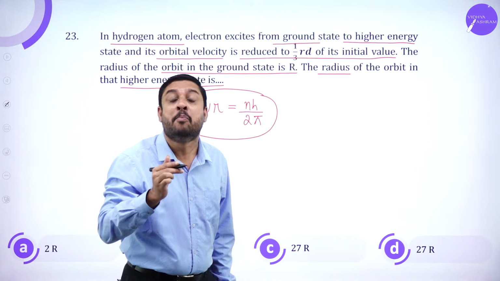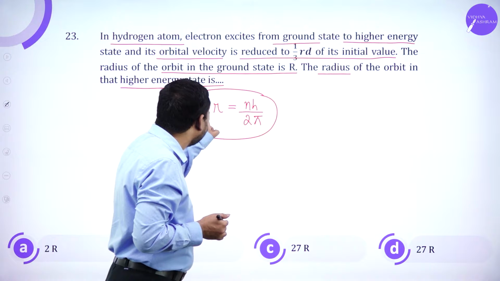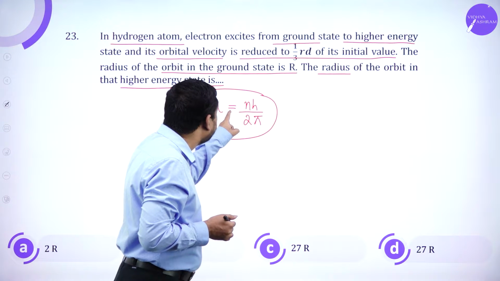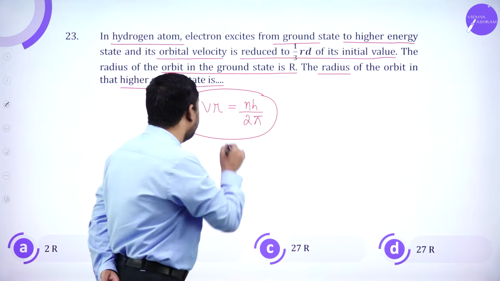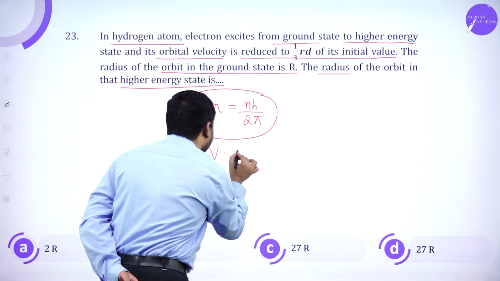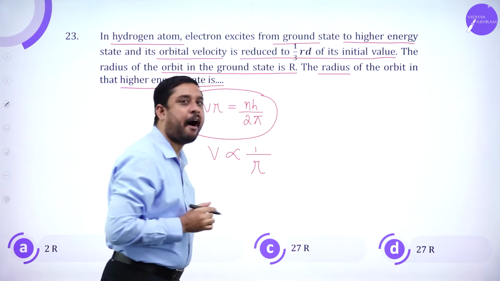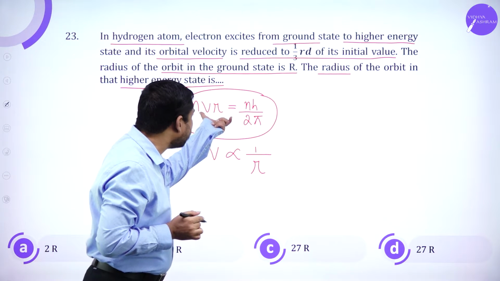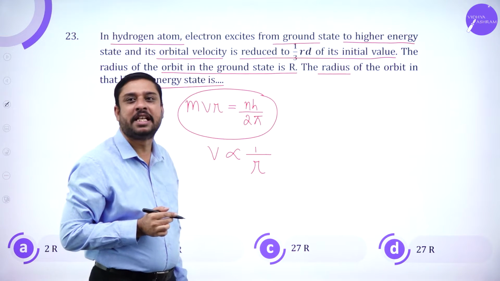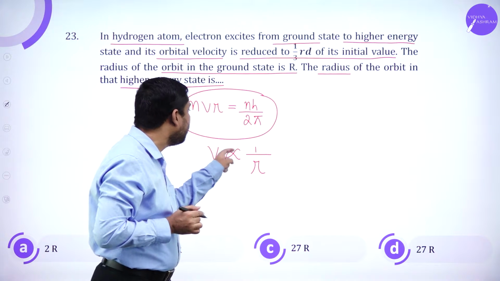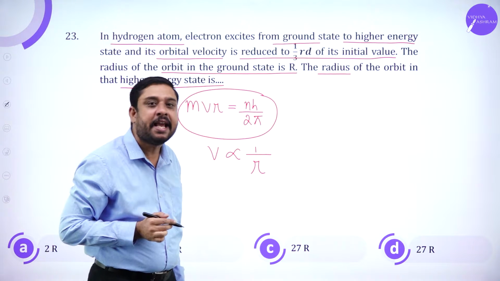Bohr's postulate says mvr equals nh divided by 2 pi, or v is proportional to 1 by r. From the basic equation, it is very easy to get the relation: v proportional to 1 divided by r.